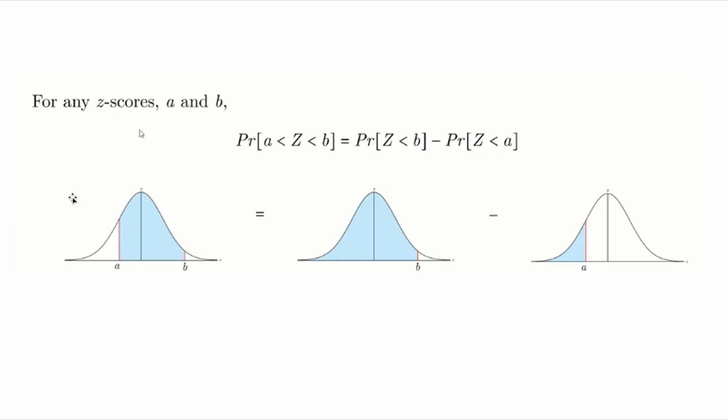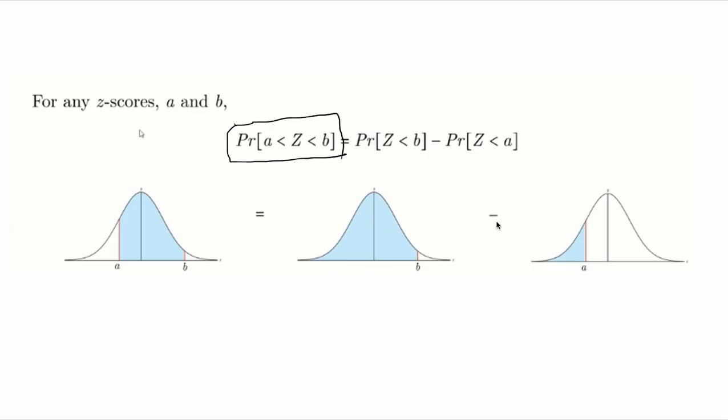The first one, actually, before seeing the rules, let me just tell you this. If you want the area under the curve between 2 points, A and B, you just take the probability of being less than B, minus the probability of being less than A. Think about this.